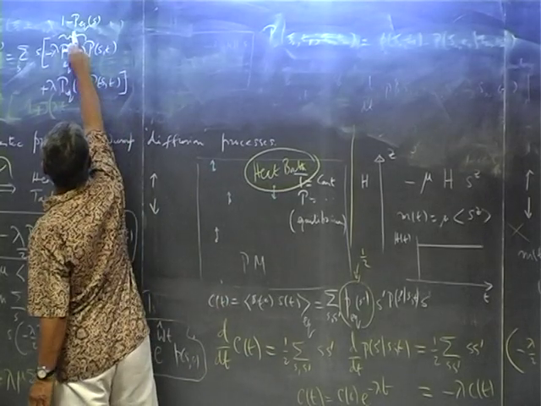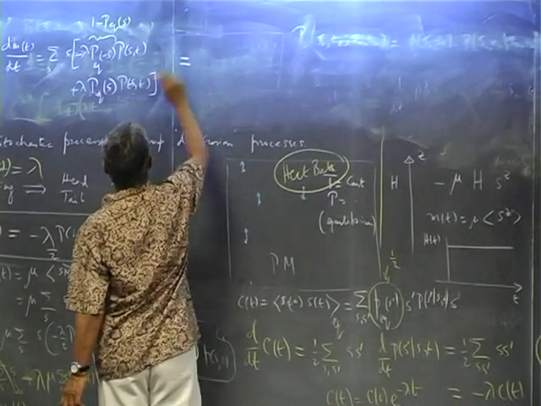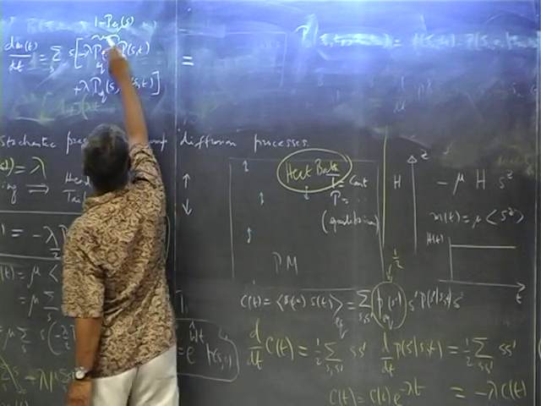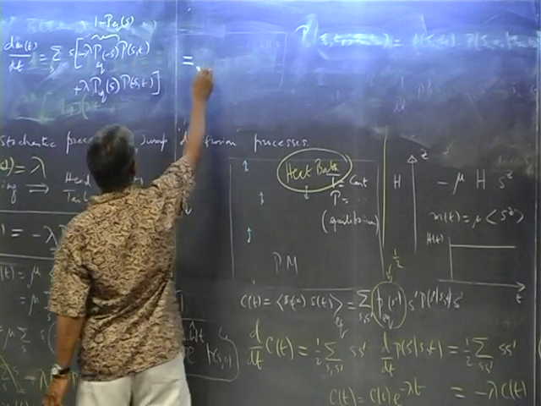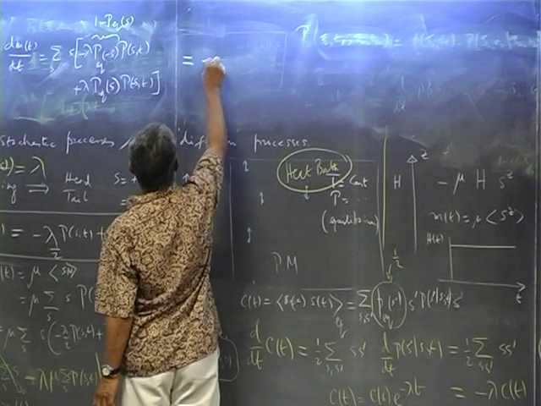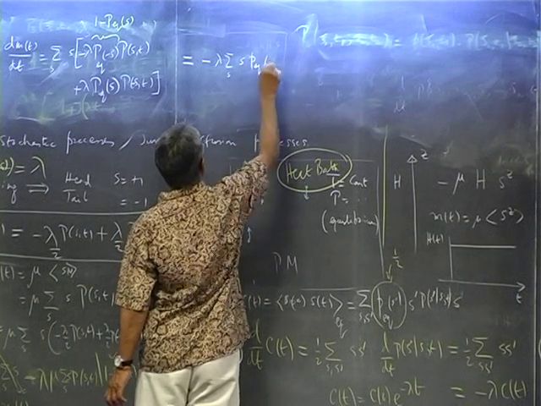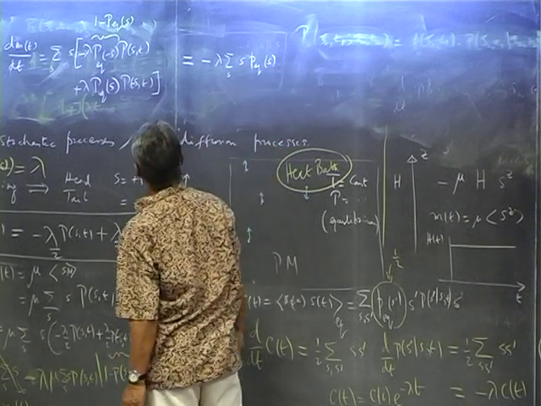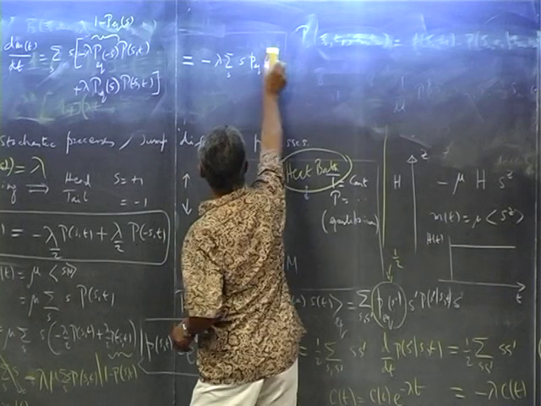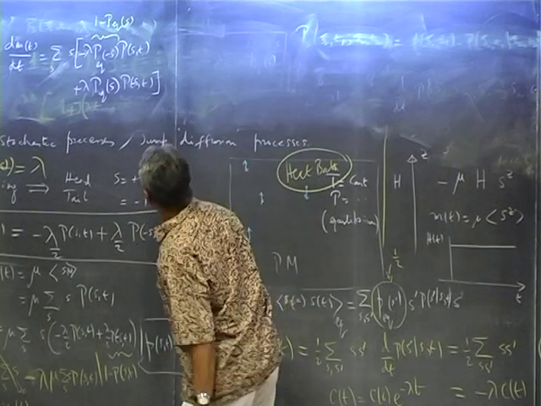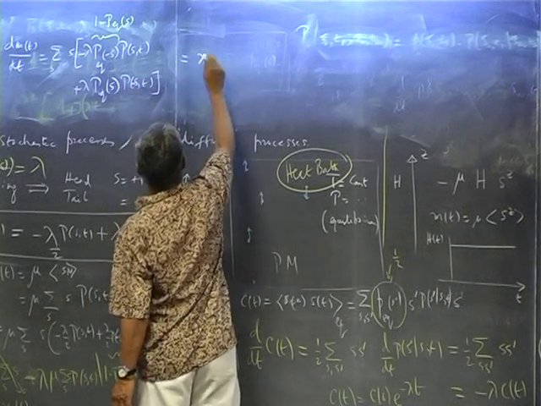I have written P equilibrium of minus S as 1 minus P equilibrium of S by using the normalization condition. So therefore, I have minus lambda summation S P equilibrium of S. Sorry, let me do it carefully. I think this heat, I'm getting tired. Okay, let's take the lambda out.